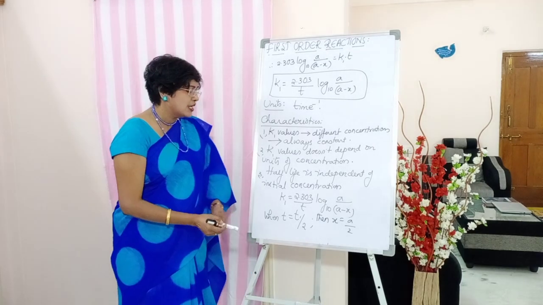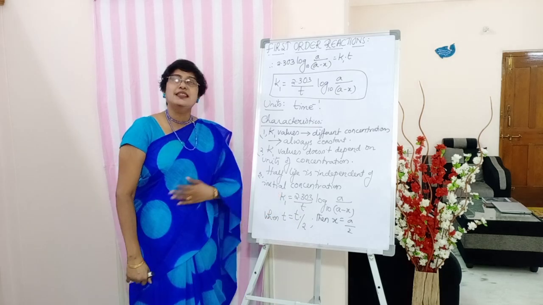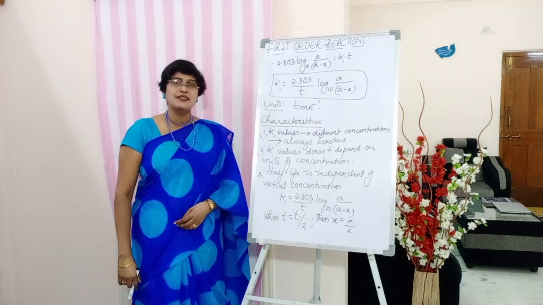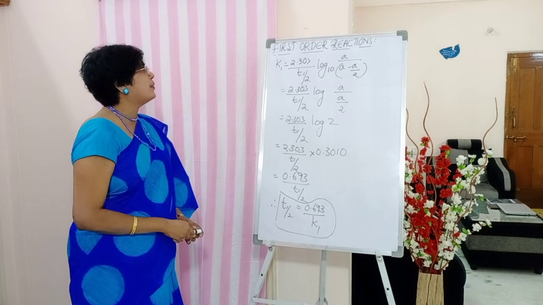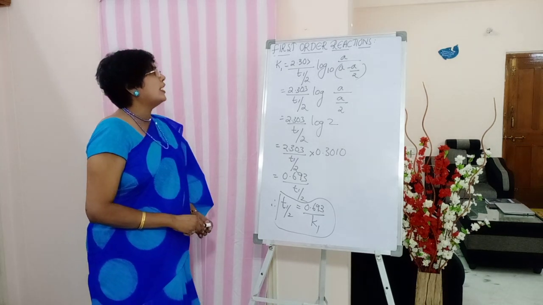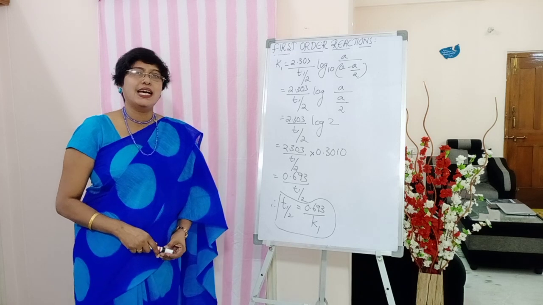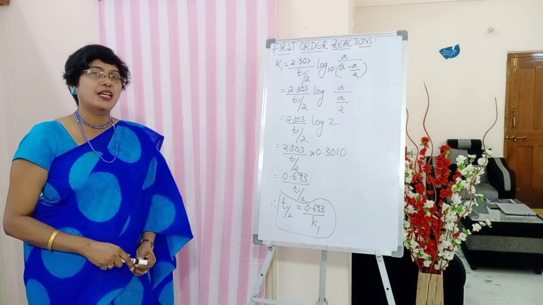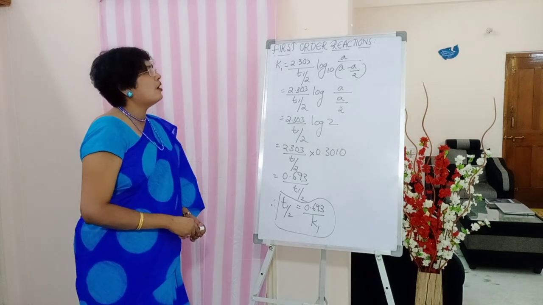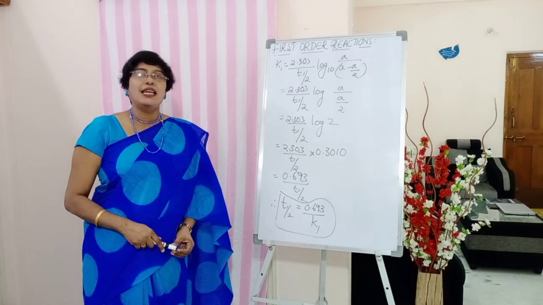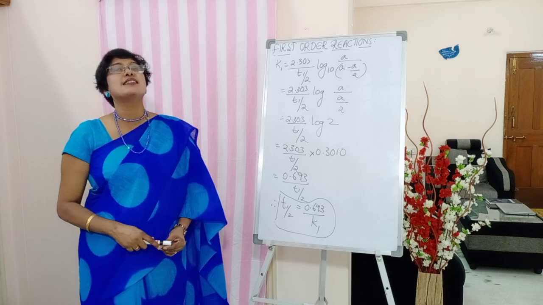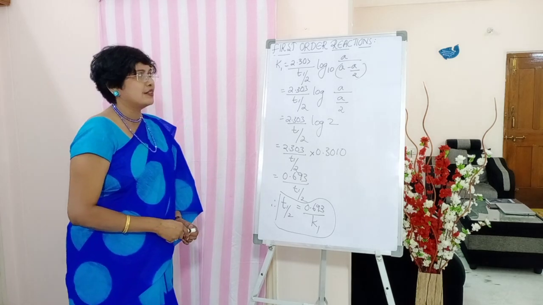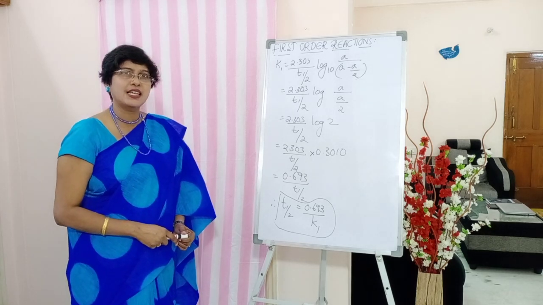Now substitute these values in this expression. After substituting, we get K1 is equal to 2.303 by t half log of a by a minus a by 2, base 10. In the place of t we are writing t half, and the x value we are substituting as a by 2. Shall I read it once again, students?